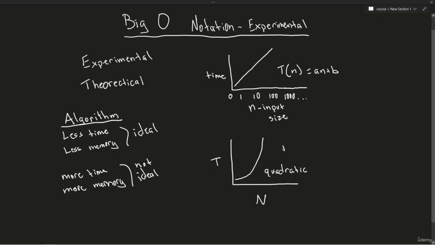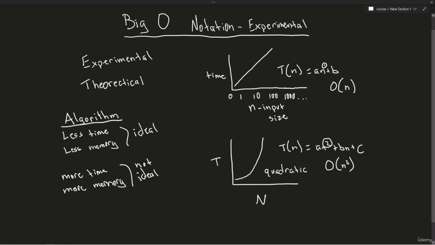And so we can say for this, to represent it, t of n is equal to an squared plus bn plus c. So we see we have 2 here, but then up here this is 1. So our big O notation for this would be O of n, and then our big O notation for this would be O of n squared.